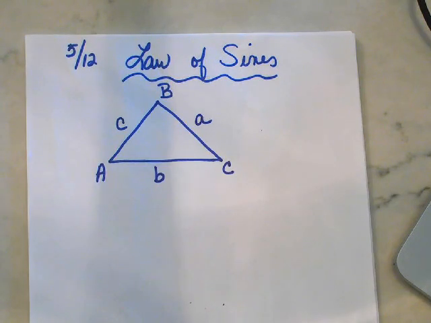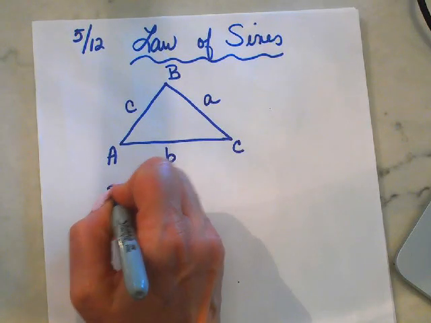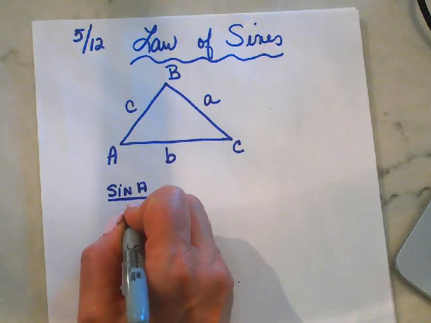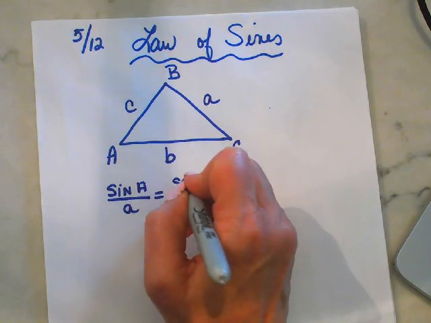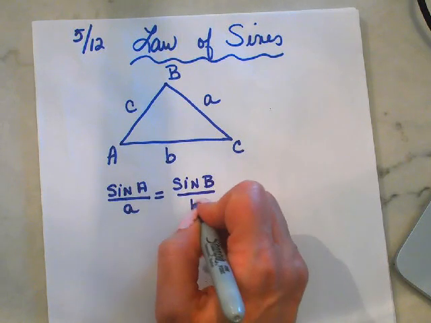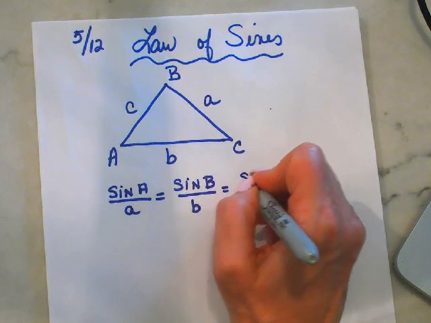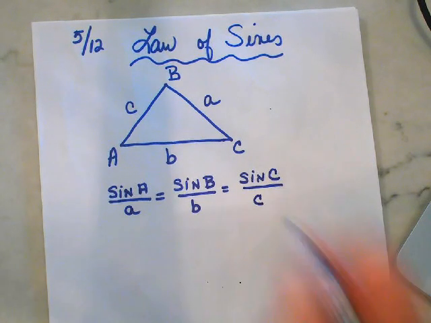Now, the law of sines says that you could set up a ratio where you take the sine of angle A divided by its side, little a, and it's equal to the sine of angle B divided by little b, the ratio of the angle to the side, equal to the sine of C over little c.